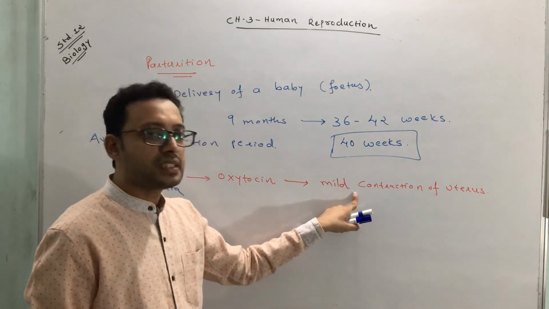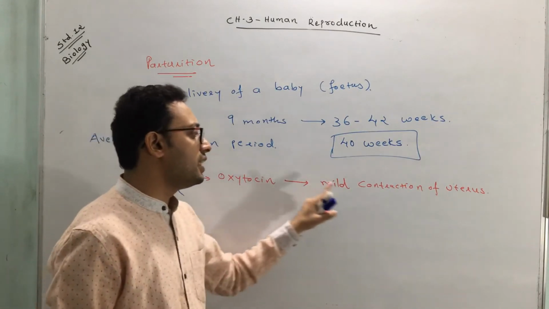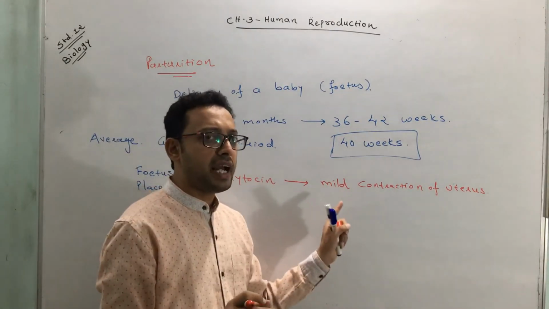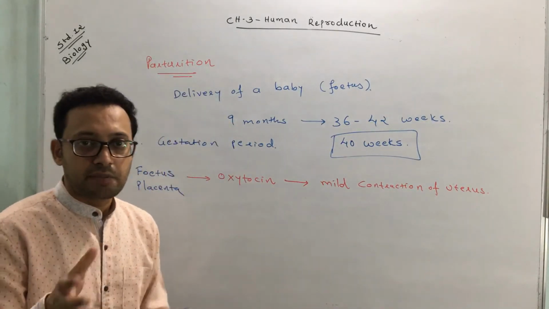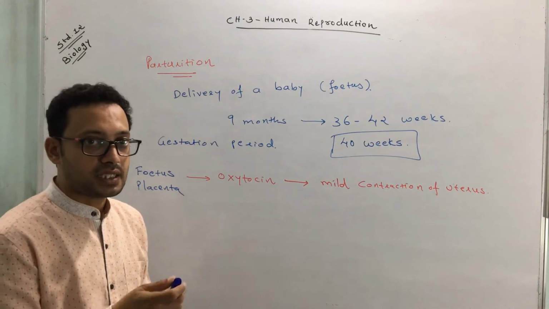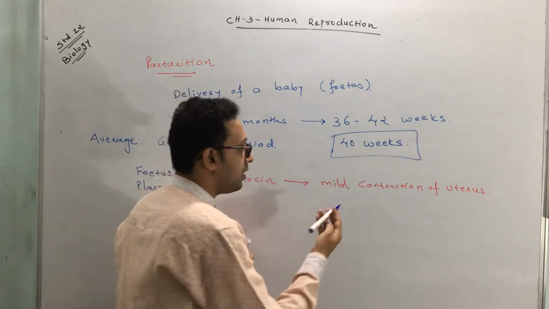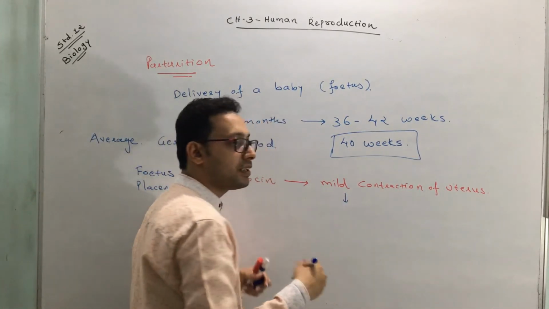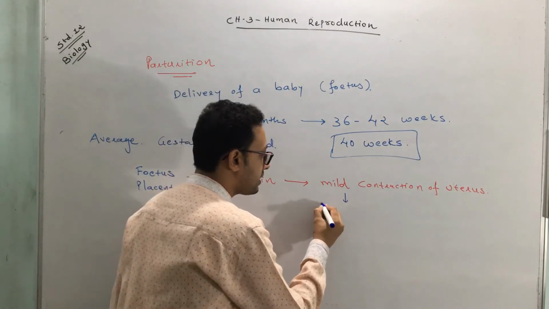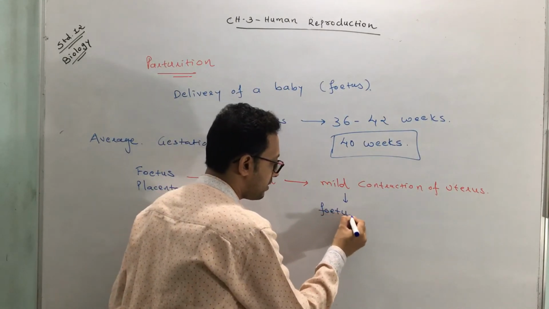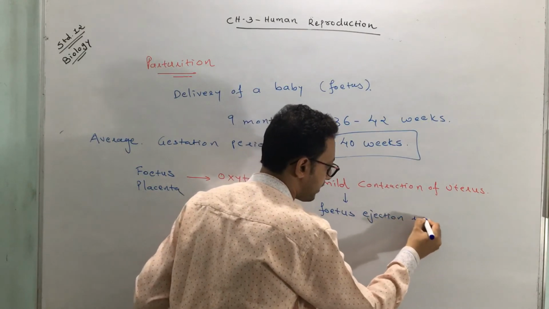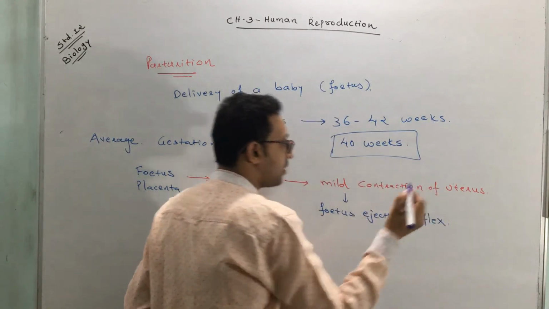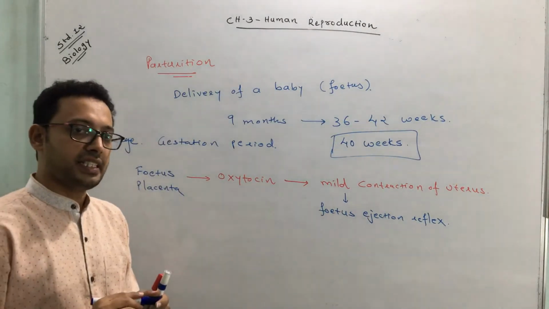Okay, now once the oxytocin is released in a small quantity, it promotes a mild contraction of the uterus. That means contraction of the uterus starts, and initiation of labor pain occurs. This is called the fetus ejection reflex.